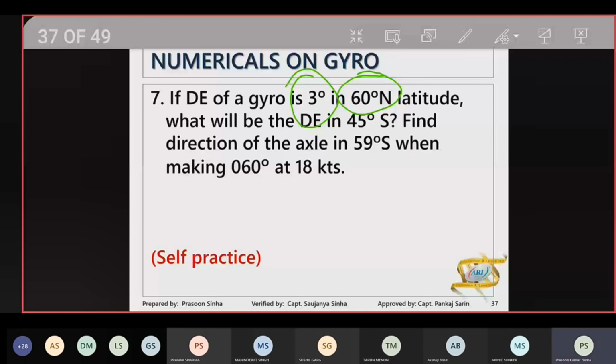Propeller shaft. Sir, axis of the gyro, sir. Yes, exactly. Axle means the axis around which it spins. The direction of the axle means the spin axis, where it is heading, where you are already given the latitude.